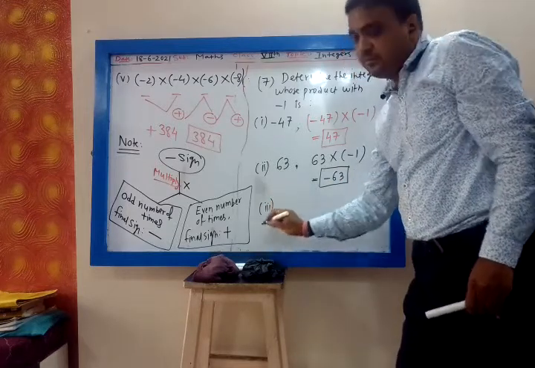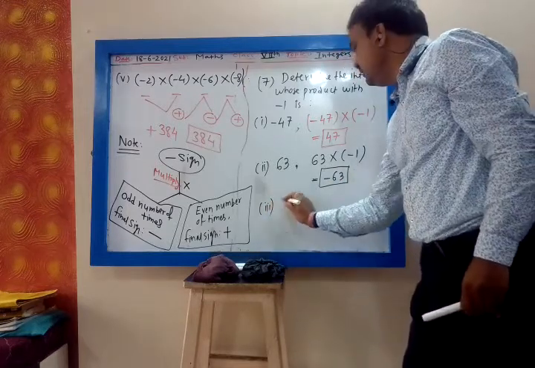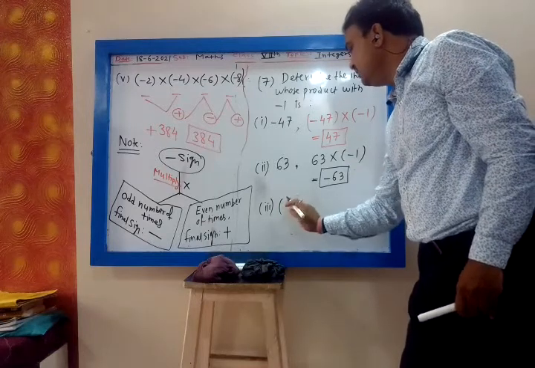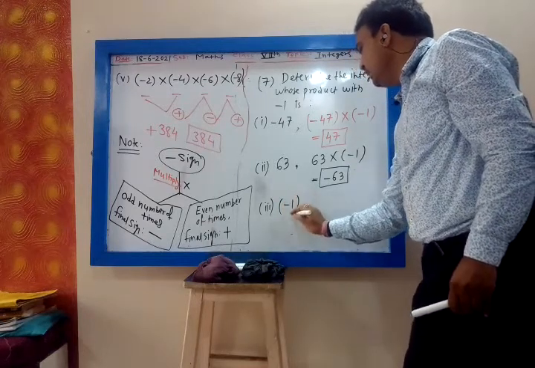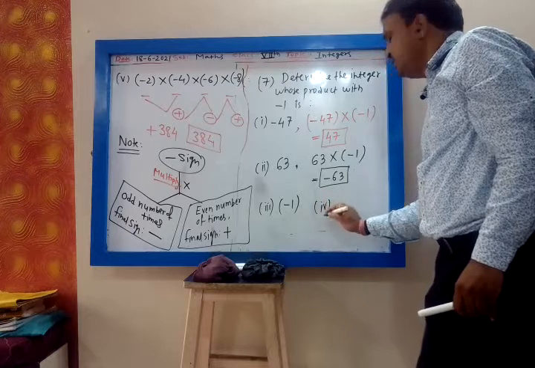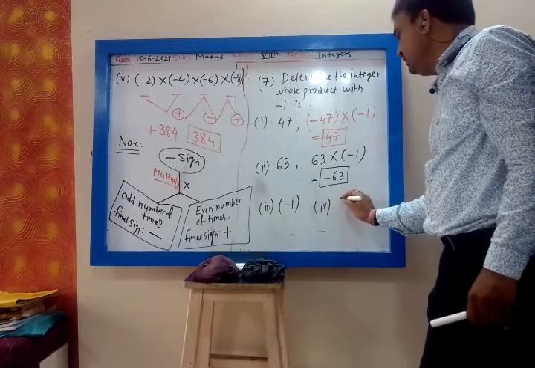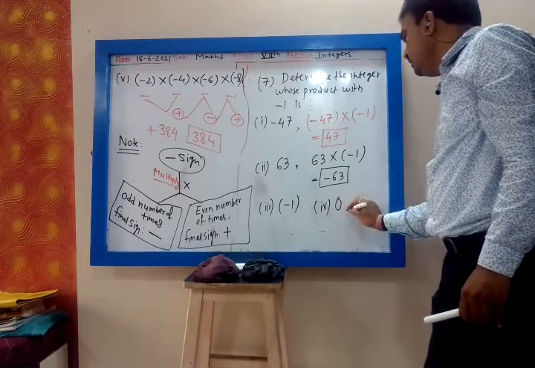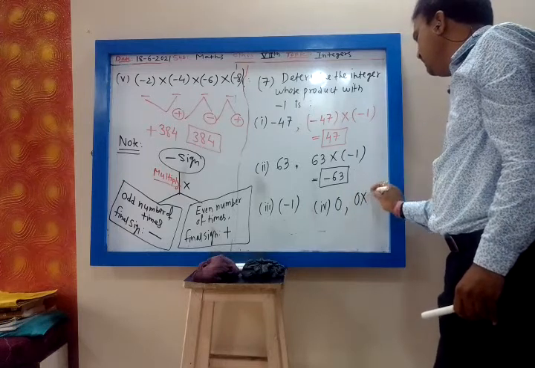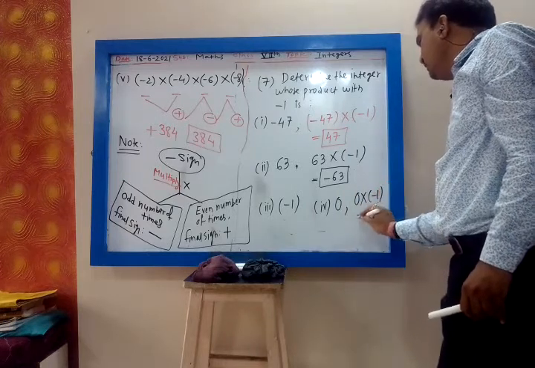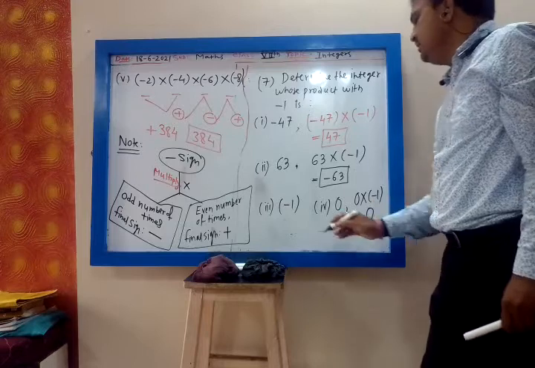Then third is minus 1, and fourth is 0. 0 multiplied by any number will be 0.